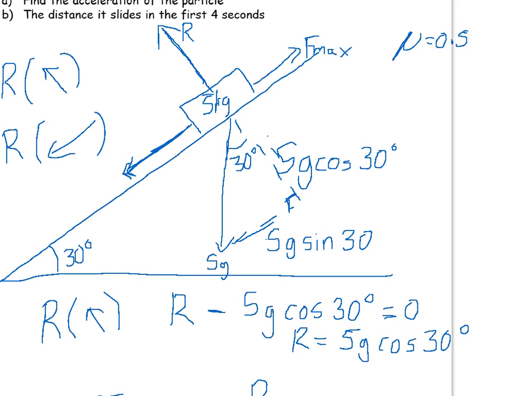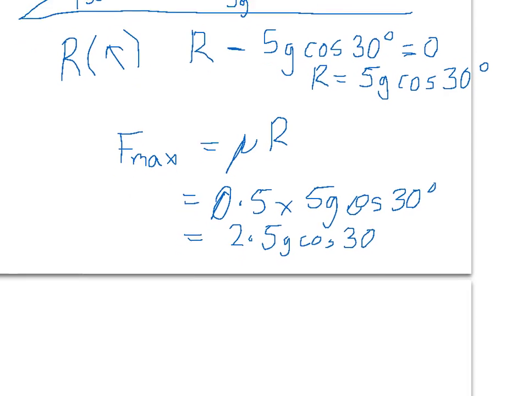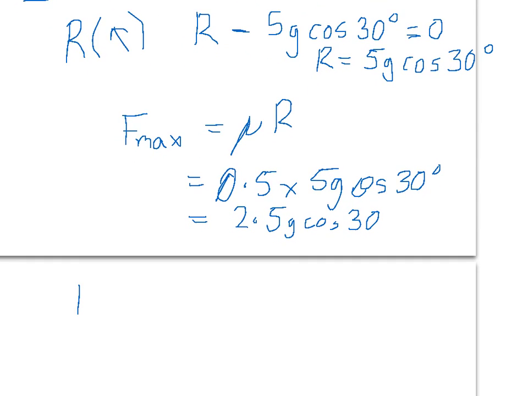So now let's write an equation for the forces acting down the slope. Down the slope is the component of gravity, which is 5g sine 30. Let's just check that on the diagram.